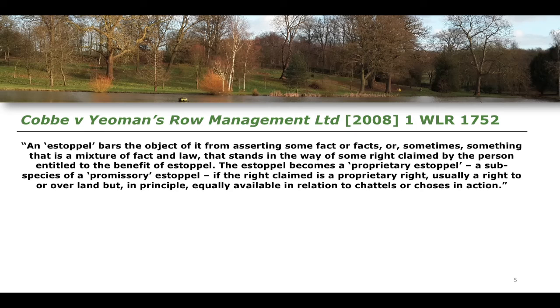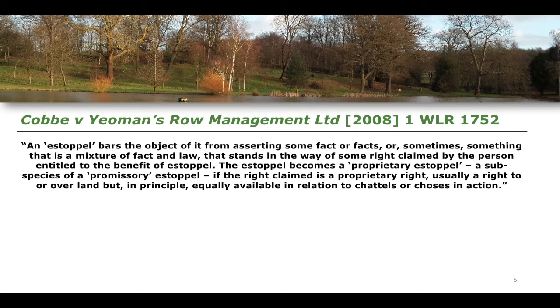So essentially what this suggests is that you should understand proprietary estoppel as a subspecies of the broader promissory estoppel. The only real difference is not to do with the nature of the arrangement or the nature of the acts committed, like the promise being revoked, but that in the former, the right being claimed is a proprietary right.